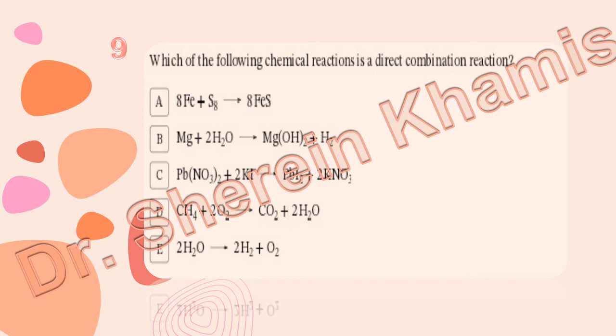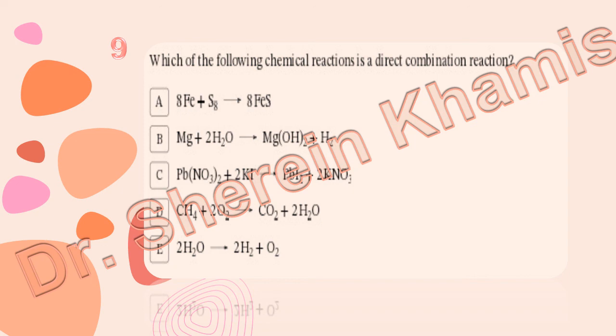The second one, magnesium with water, gives two products, so it's wrong. C, lead nitrate with potassium iodide, also gives two products. Methane plus oxygen also gives two products. Water decomposing into hydrogen and oxygen also gives two products.